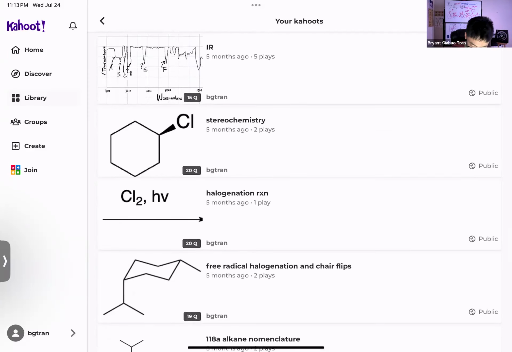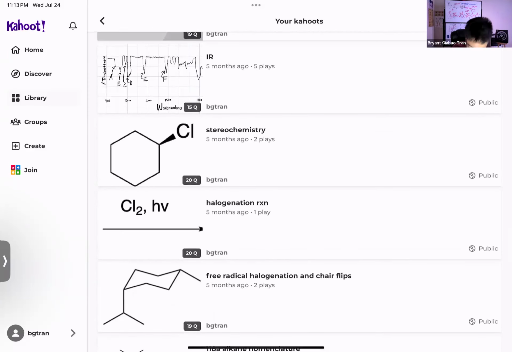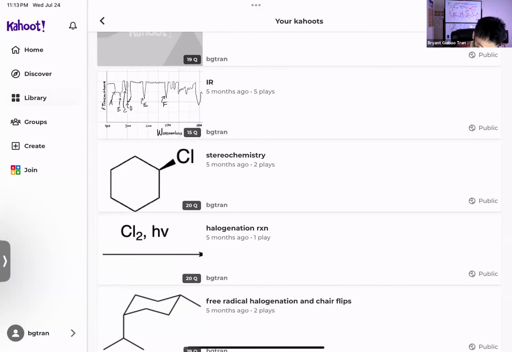Yeah, because I think that's relevant for this upcoming midterm, or even stereochemistry, like enantiomers, diastereomers. We didn't go over that. We could go over stereochemistry as well if you guys want, because I did not talk about that today. Okay, let's do that, and I'll talk about it while we do the Kahoot.